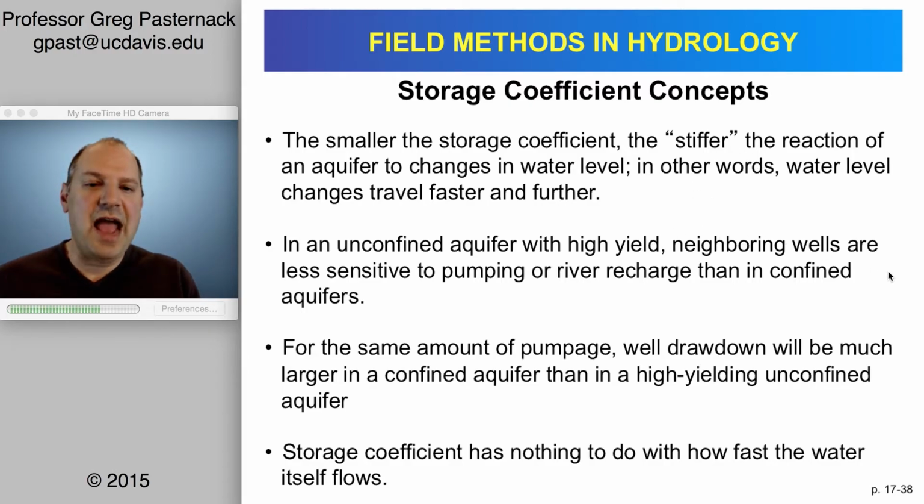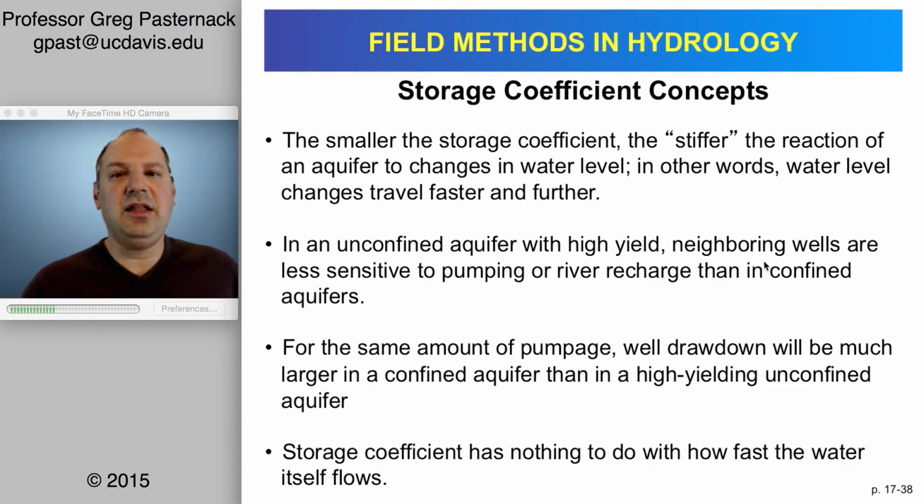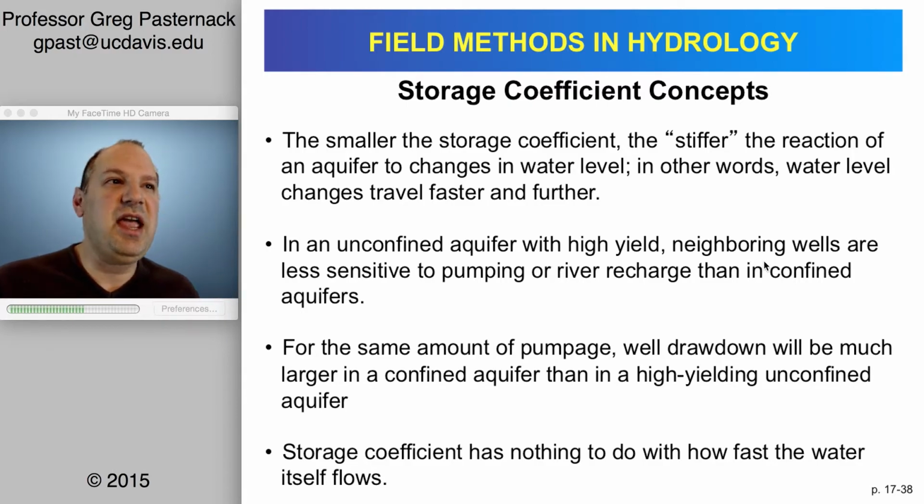In an unconfined aquifer, you can get a lot of water moving, and as a result of that, water can be flowing from a much larger area, which means that the change per unit location is a lot less. So neighboring wells will show much less sensitivity for an unconfined aquifer than a confined one.